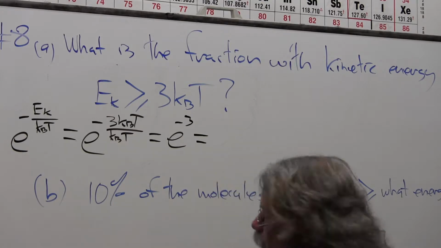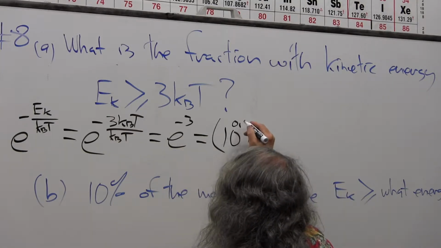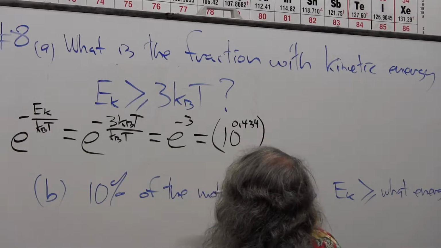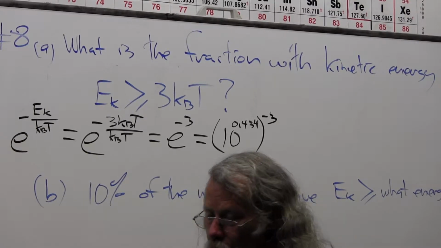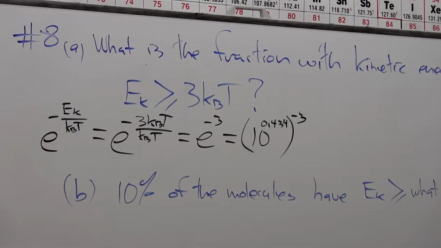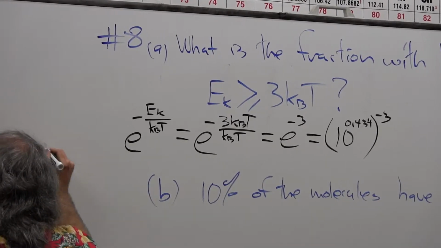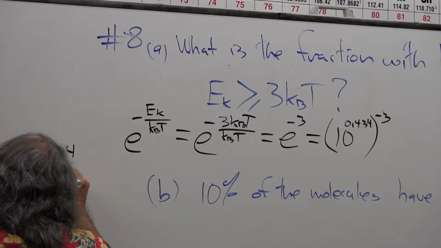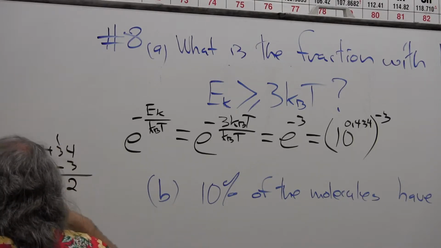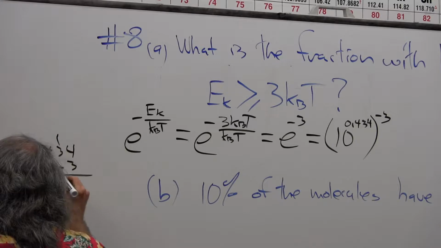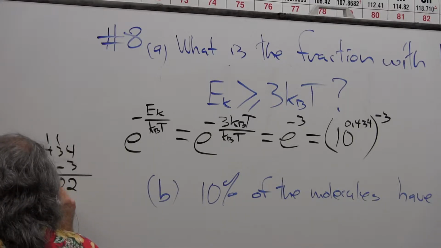Now we substitute in the identity for e, 10 to the 0.434, to the minus 3. And then I have to go over on my scratch paper: 0.434 times minus 3. 4 times 3 is 12, 3 times 3 is 9, 10, 13.